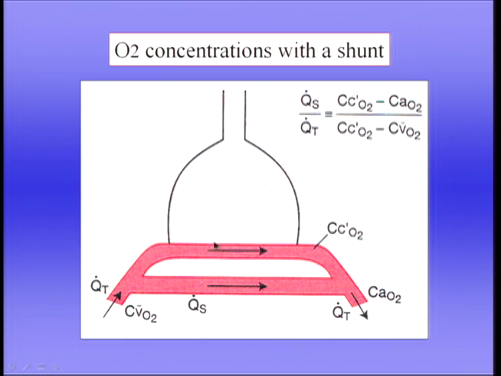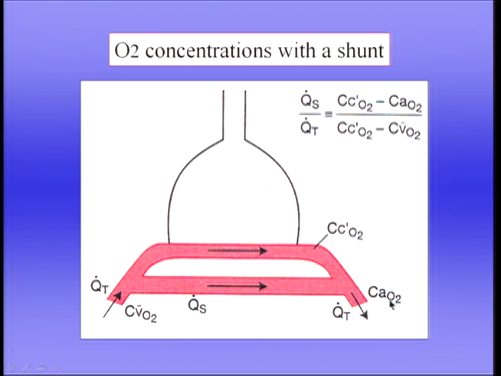The blood that passes through the gas exchanging regions of the lung is well oxygenated, and therefore the concentration of oxygen in the end capillary blood, we put a small c for capillary and a little prime on the end indicating end capillary, normally has a normal oxygen concentration, because most of these patients with a shunt have a normal lung, and therefore they have a normal alveolar PO2, and therefore the concentration of oxygen in the end capillary blood is normal. No reason to expect a problem in the lung.